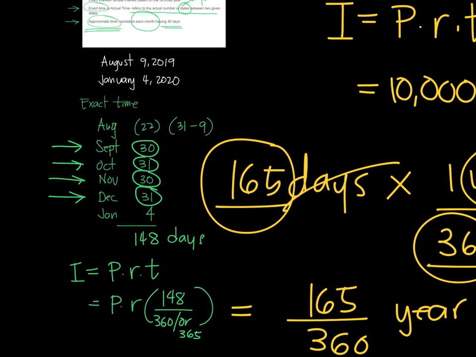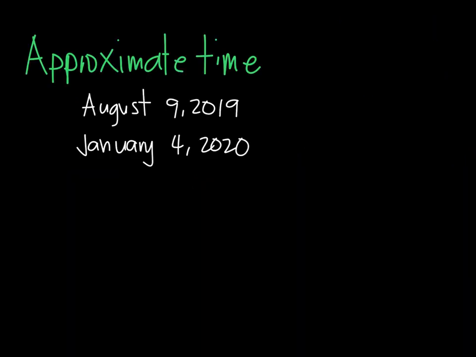So what about the approximate time? For the approximate time, let's use the same dates. You borrowed an amount on August 9, 2019, and you have to pay it on January 4, 2020. The idea of the approximate time is that every month has 30 days.